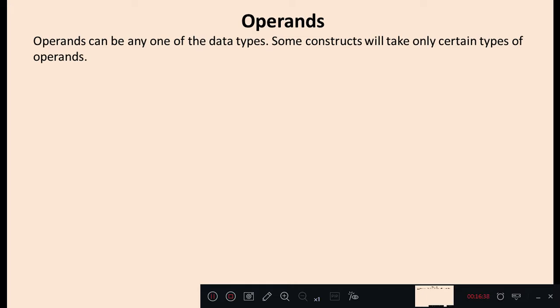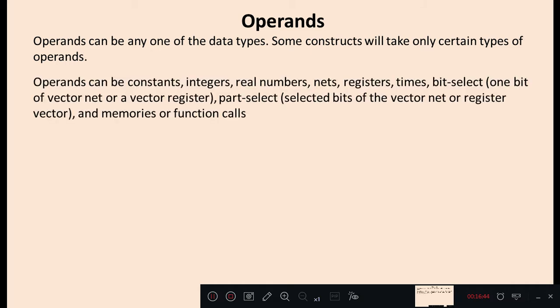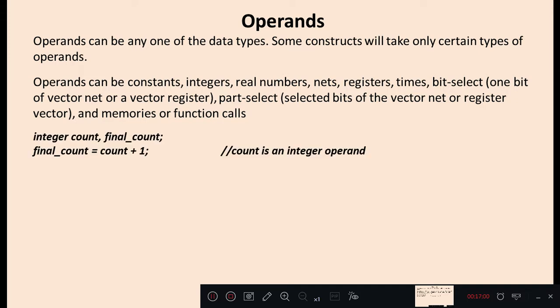Operands can be any one of the data types. Some constructs will take only certain types of operands. Operands can be constants, integers, real numbers, nets, registers, times, bit select, part select, and memories or function calls.